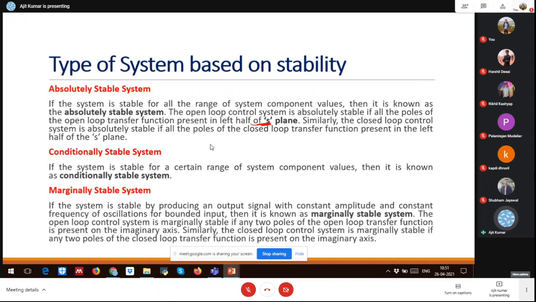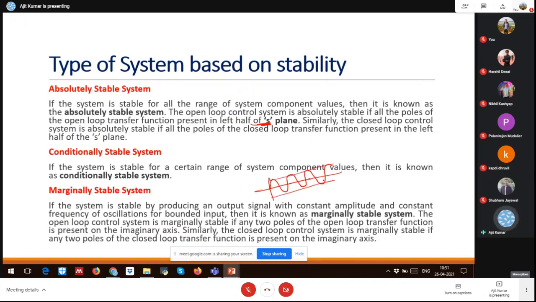Marginally stable means the system produces an output signal with constant amplitude or frequency. It is neither stable nor unstable. It will fluctuate like this. That time also we call it marginally stable.